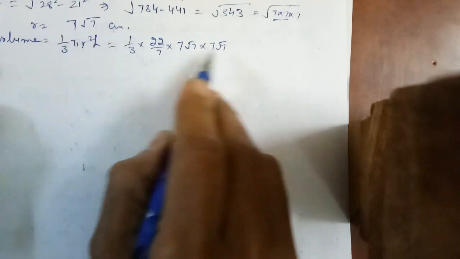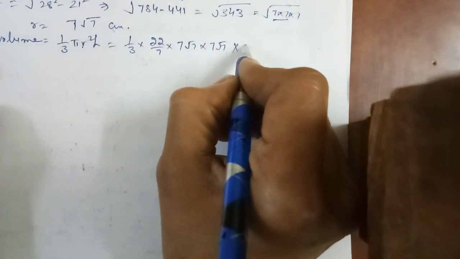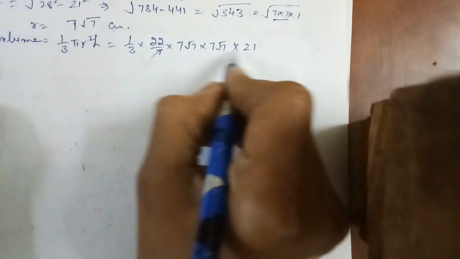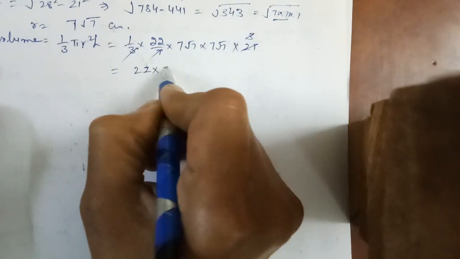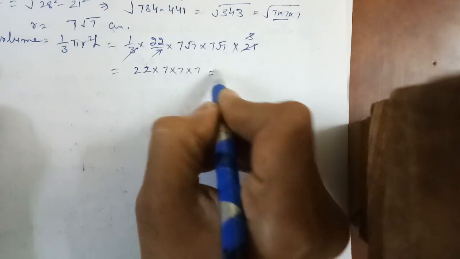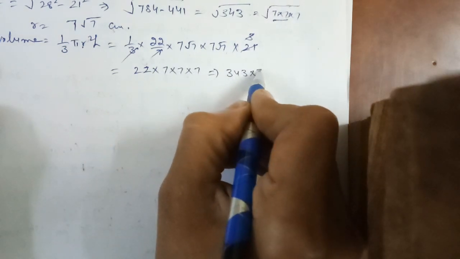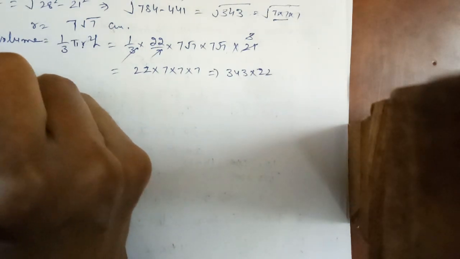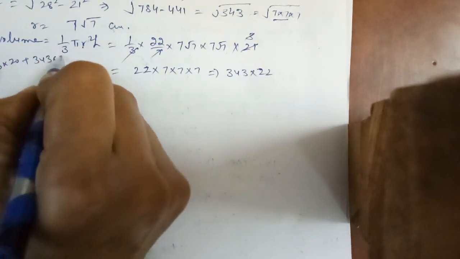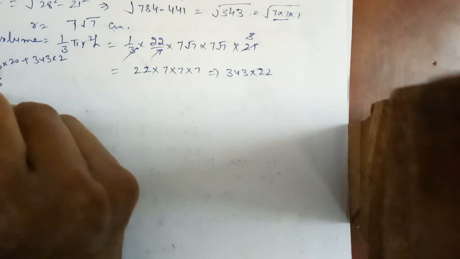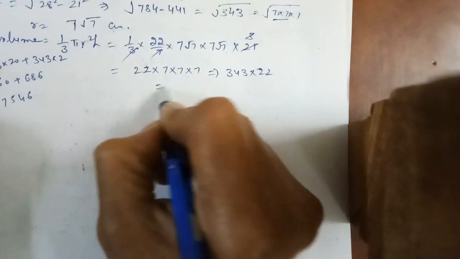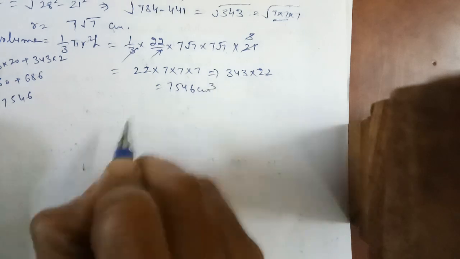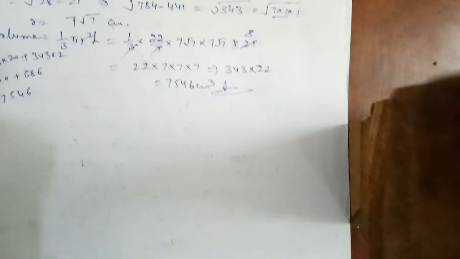R square means 2 times, so we will multiply 2 times, into h which is 21. 7 3s are 21, 3 and 3 cancel. 22 into 7 into 7 into 7, that is 343 into 22. 343 into 20 plus 343 into 2, it will be 7546 centimeter cube. This is the answer of this question.